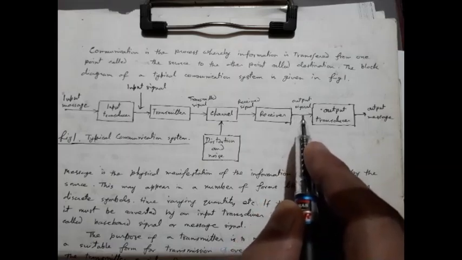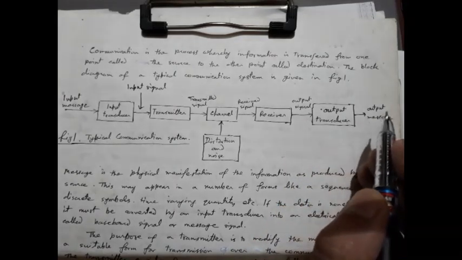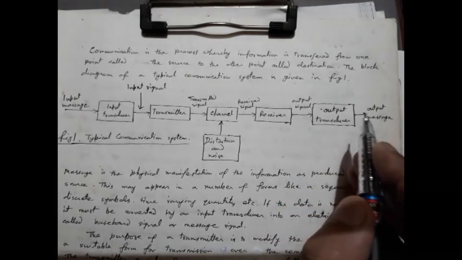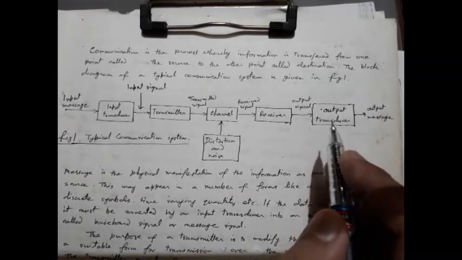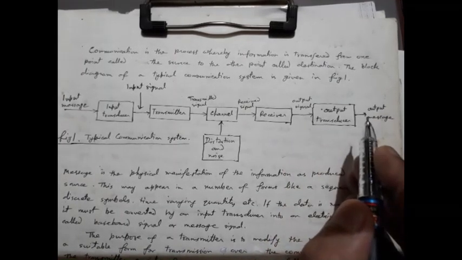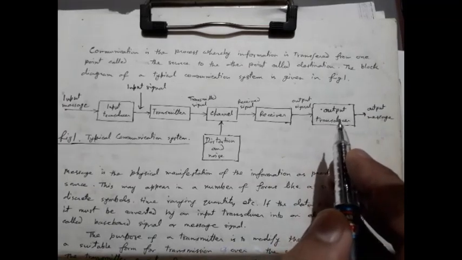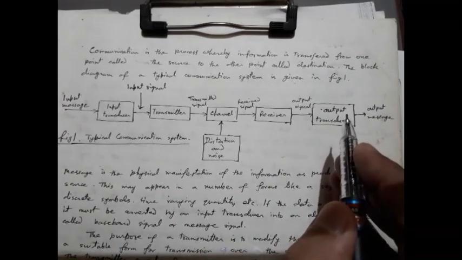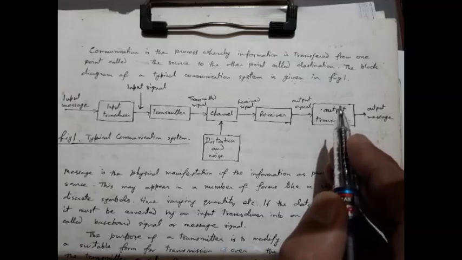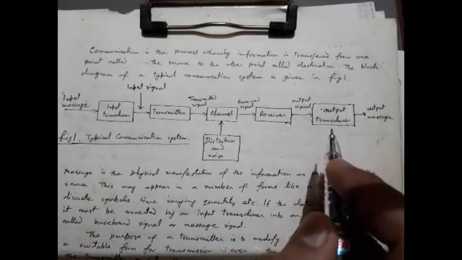Now the electrical message signal must be converted into the sound wave, the acoustic wave. So we need an output transducer that will convert an electrical signal into an acoustic signal. This can be done with the help of a speaker. So this is the function of this transducer.